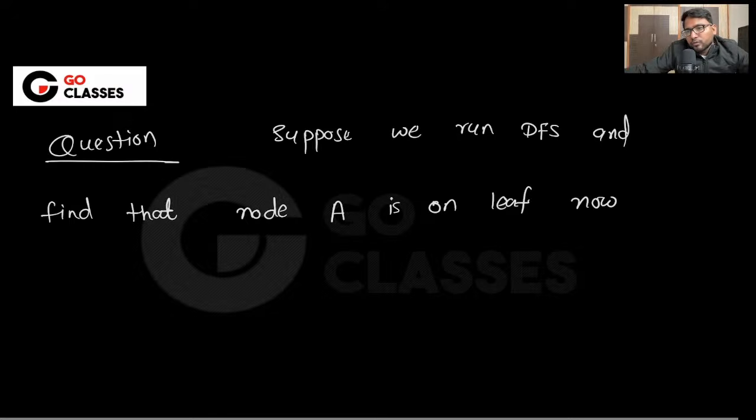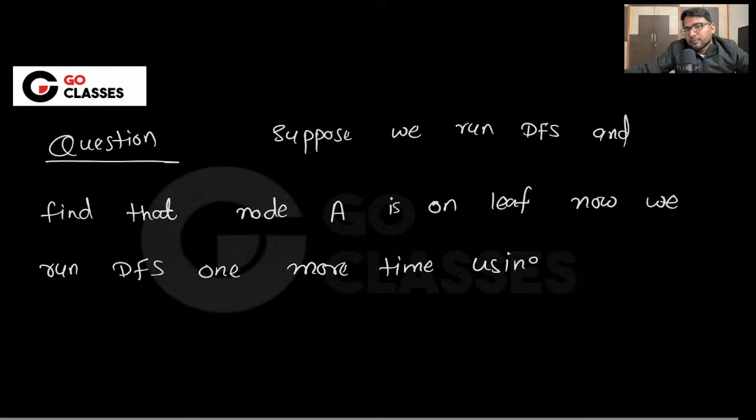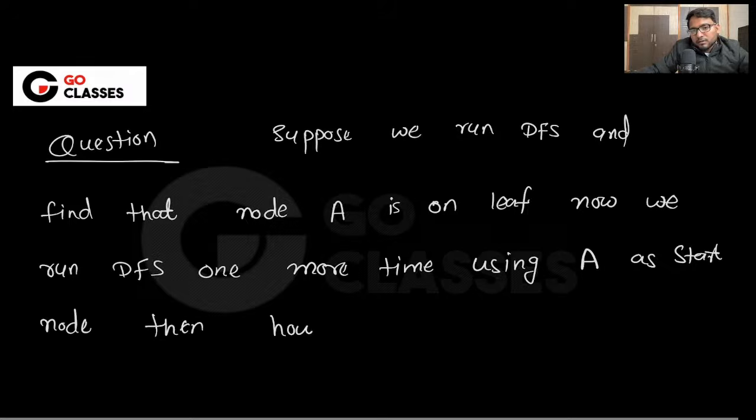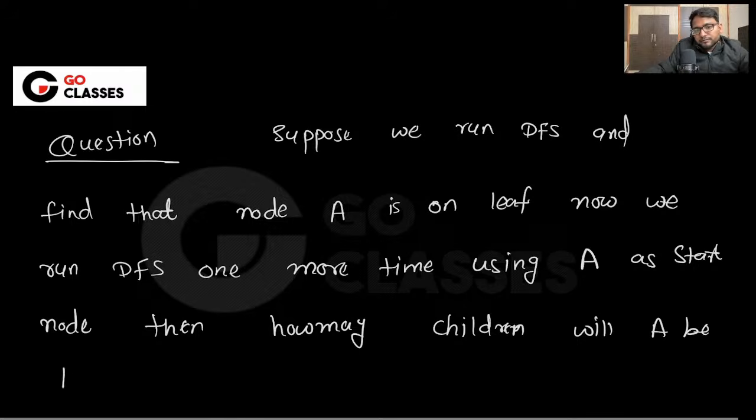Now we run DFS one more time using A as the start node. Then how many children will A have? What is the answer? How many children will A have?